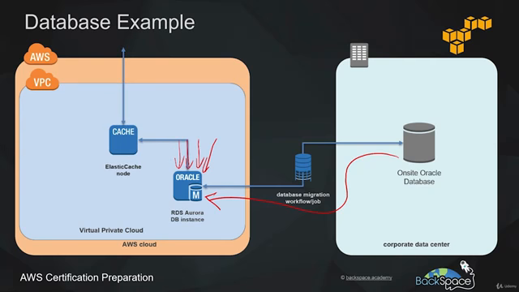We can put an ElastiCache node in front of that RDS instance, and that will cache our frequently accessed data. Because it's delivering that data from memory and not from a hard drive, it will be delivered with very low latency. And at the same time, the load on our database will be massively reduced.